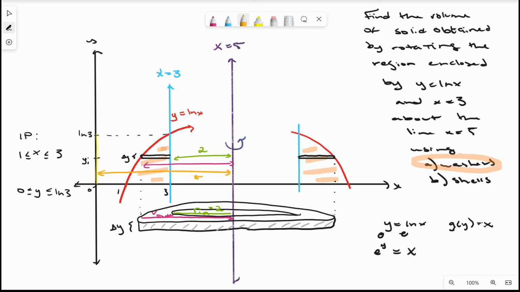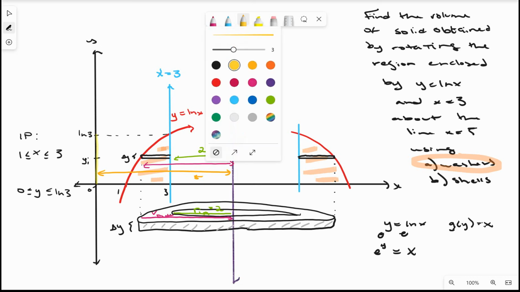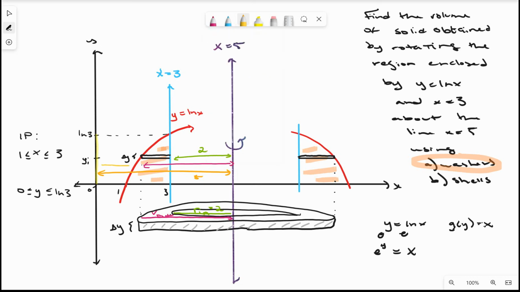And then this little distance, let's do yellow, right? This little distance from here to here, right, is just the horizontal distance to the function from the y-axis, right? And we have x is equal to e to the y, right? So this is the point here where we're touching the curve, right?